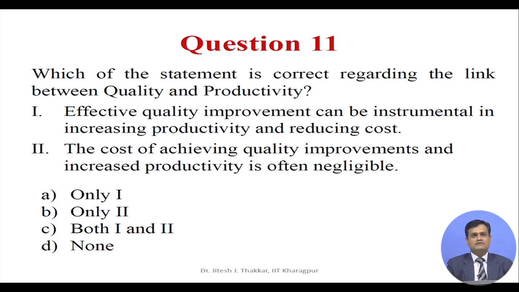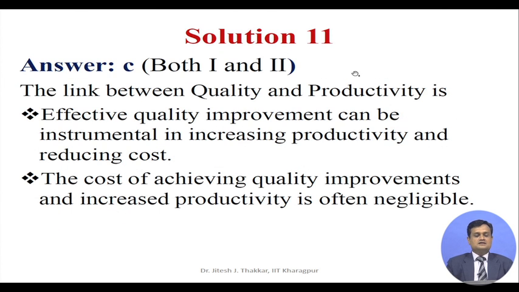A, only 1, B, only 2, C, both 1 and 2, D, none. So, the answer is C, both 1 and 2, and the link between quality and productivity is effective quality improvement can be instrumental in increasing productivity and the cost of achieving quality improvements and increased productivity is often negligible.